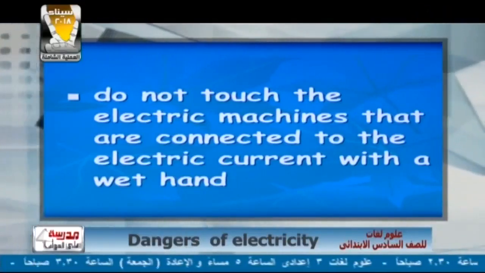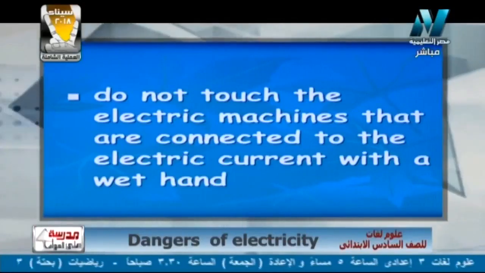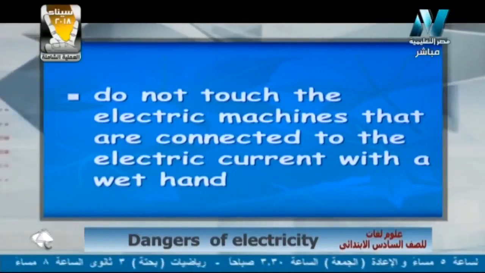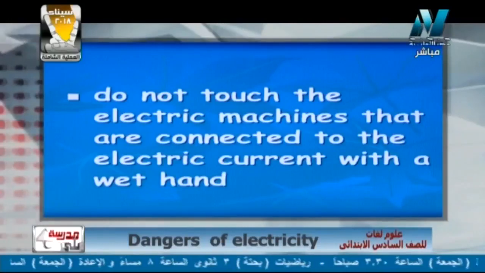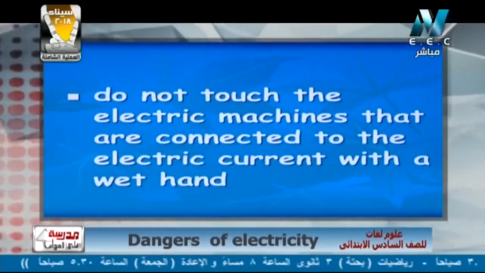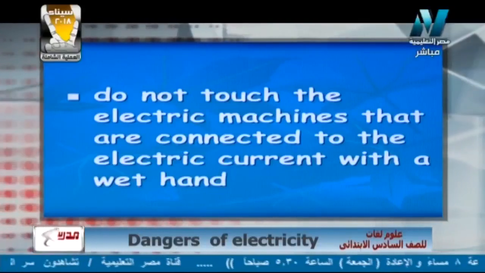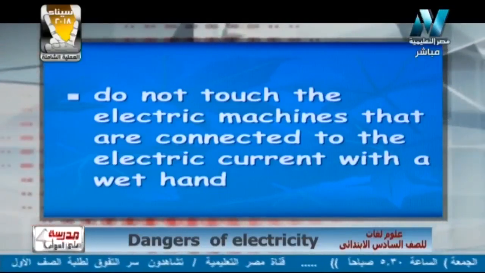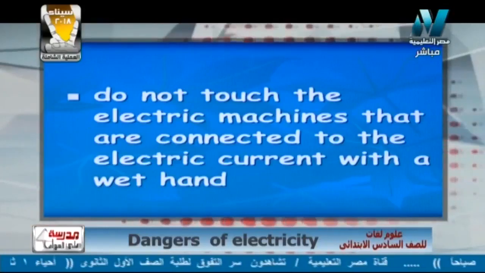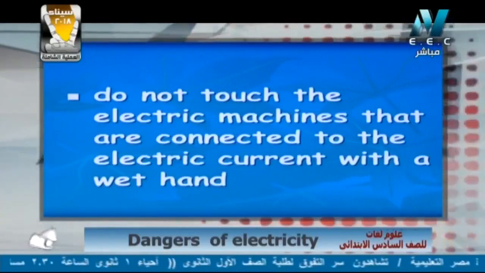فبليز، واحنا عرفنا النهارده ان الووتر كوندكتور بتوصل الكهرباء، فالكهرباء هي والميه اعداء طول عمرهم. فبليز لو في ايديا فيها ووتر او ايديا ويت هاندد، ايديا مبلله، don't touch the electric machine that are connected to the electric current. For example, don't use the socket of the television, socket of the mobile.